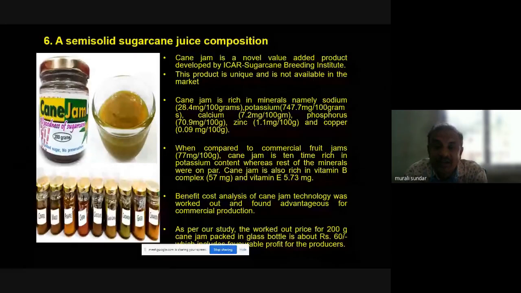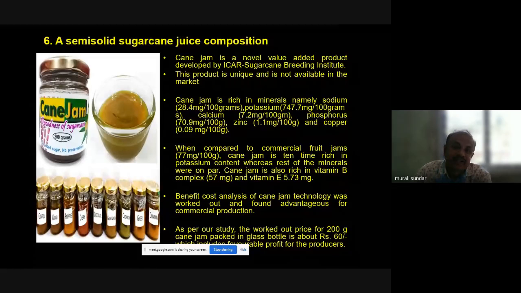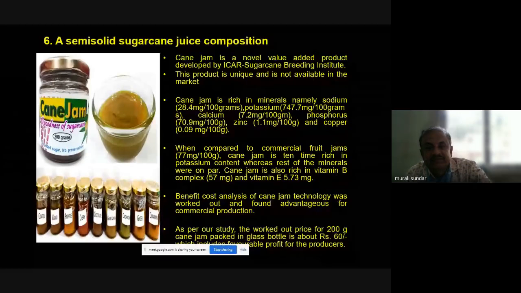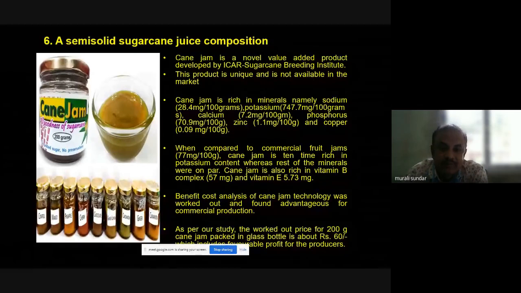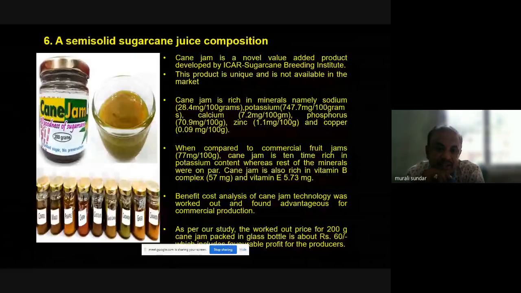Mixing that, the fruit jam is produced, except the mixed fruit jam. Most fruit jams come that way from the companies. Otherwise, using real fruit juice, they cannot sell at this price. So realizing that, we thought of developing a jam-like product or jelly or spread, especially for using on bread or for breakfast purposes.